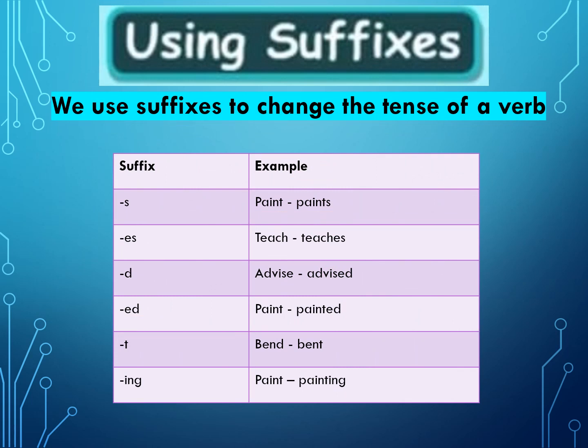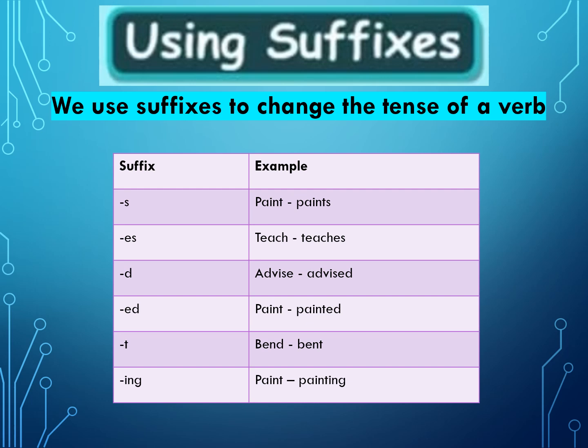Children, let us see how we use suffixes to change the tense of a verb. Some common suffixes added to the base word are s, es, d, ed, t, ing. For example, the suffix s added to the verb paint changes it to its present tense.